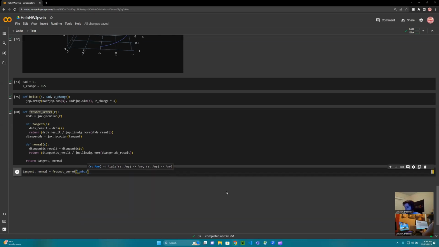Gosh, thank you. Once again, Python. Lambda S. And then it's going to be in terms of, I don't know if I need parentheses there, but this whole guy here.